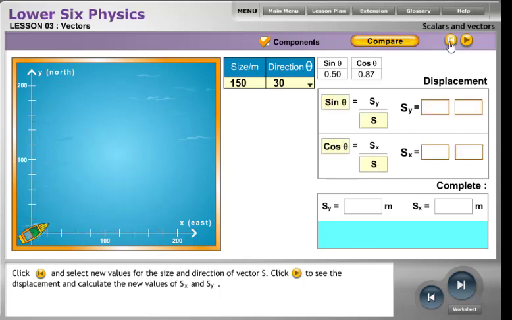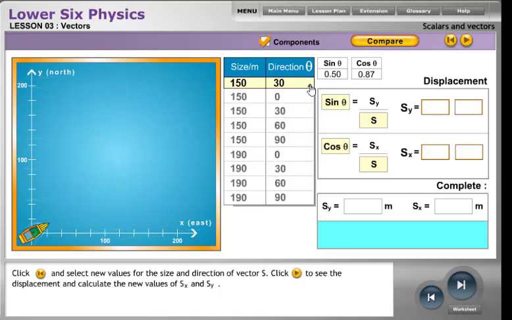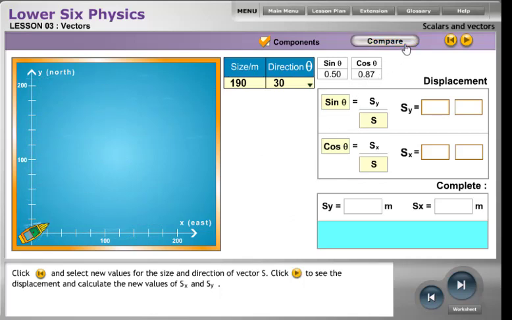Click Reset button and select new values for the size and direction of vector S. Click Play button to see the displacement and calculate the new values of Sx and Sy.